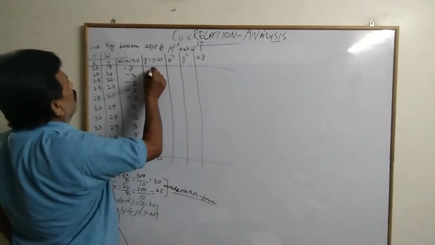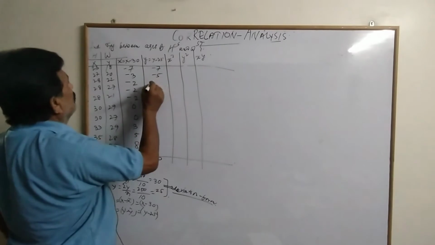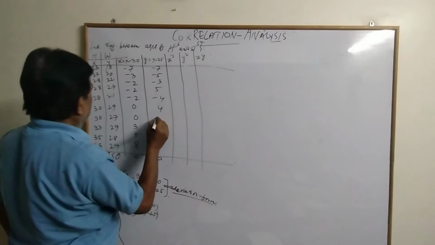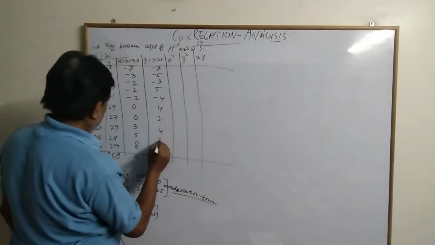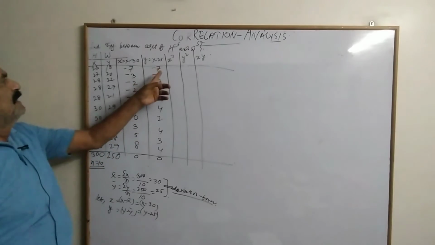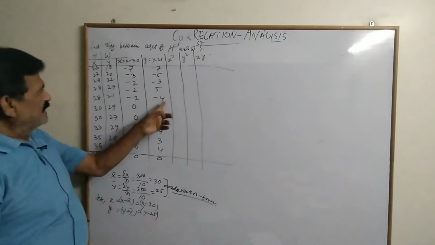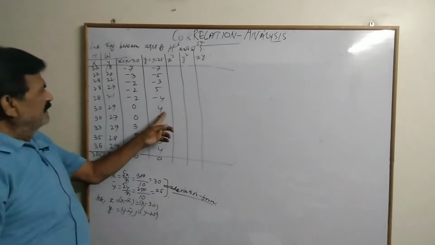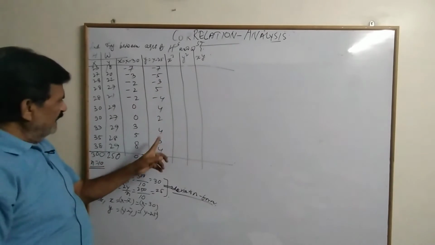And here, negative is 7 plus 5 plus 3 plus 4, that is a minus 19, and 5 plus 4, 9 plus 2, 11 plus 4, 15.